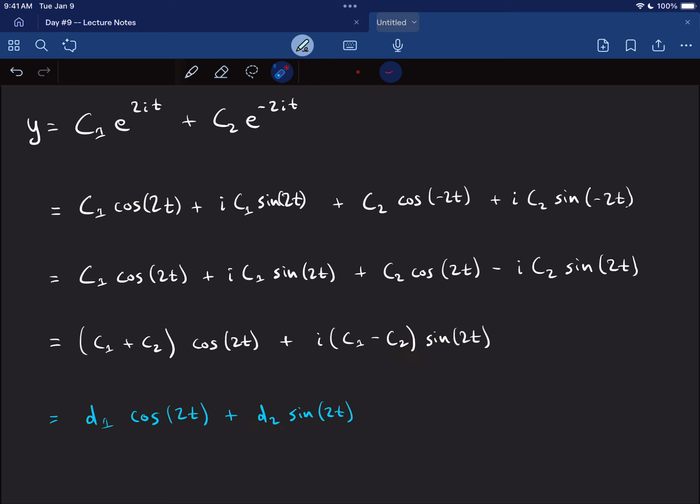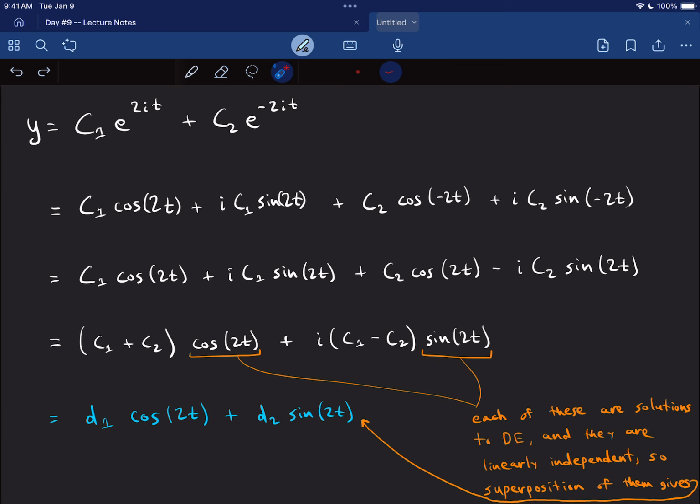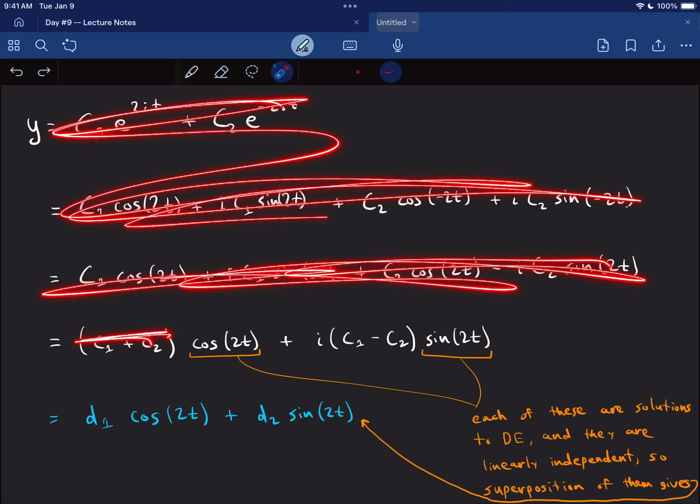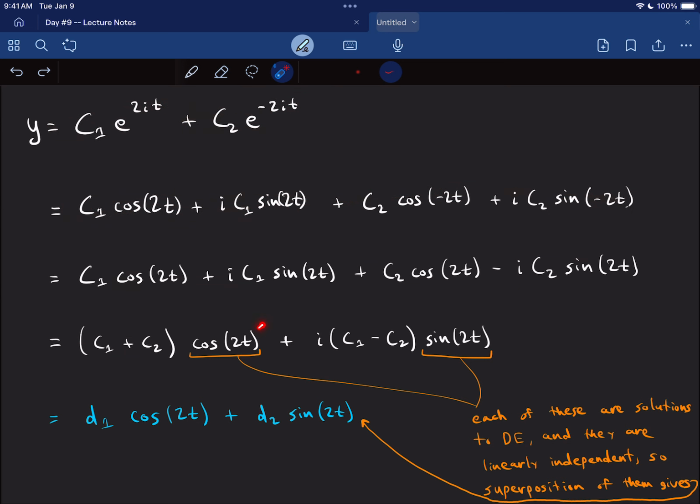Now, if that feels weird to you, here's what you're allowed to note. If you ignore all of this algebra, all of this fluff, and just look right here and right there, just look in the red boxes, each of those is a solution to the original differential equation. You can verify that on your own, or you can rewind maybe about an hour into this video and look at where we solved this with power series and got these two answers.